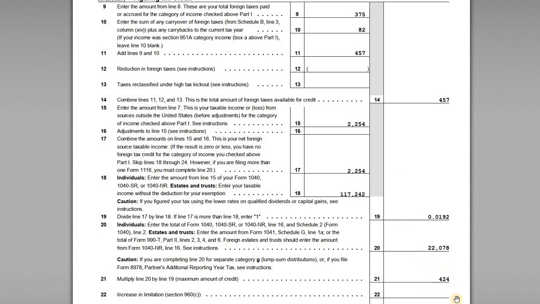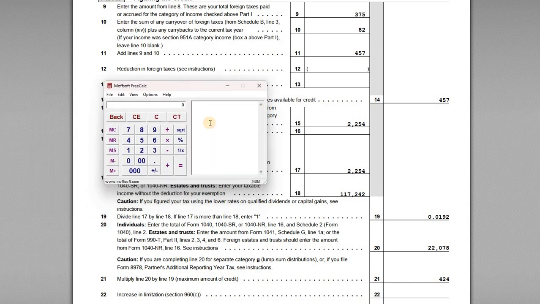So if we have 375 that's available, and our limit is going to be 424, it means that we're going to be able to use all of the 375 against this balance. So if we use the 375 against the 424, it means we have $49 of limitation left over to be able to use those carry forwards, $49.